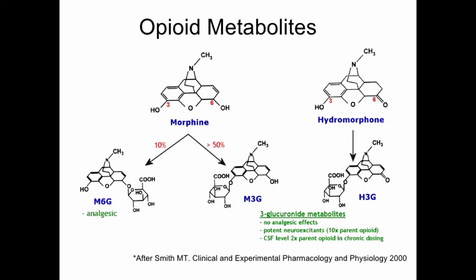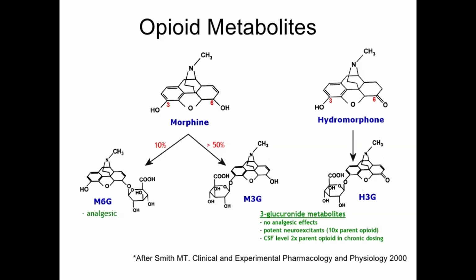M3G is excitatory, M6G is super analgesic, much stronger than the parent drug. And that's why morphine ends up causing mixed delirium. You see the patient comatose and at the same time having myoclonus.